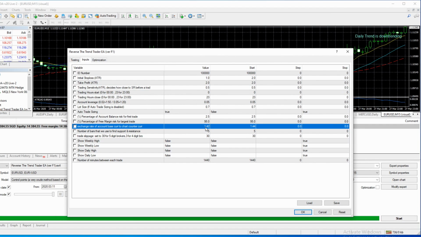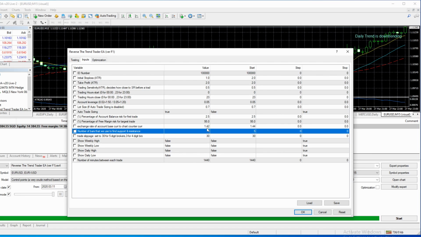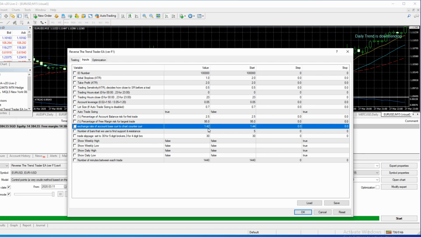Part of what I've set up is this exchange rate of account-based currency to chart counter currency. If this is in USD, it should be set as 1:1. Basically, this is one of the variables that I set in that will affect the trade sizing.